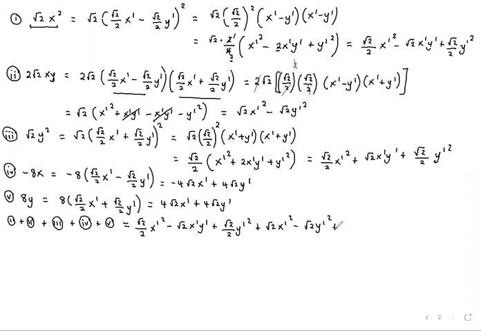The third one is root 2 over 2 x prime squared plus root 2 x prime y prime plus root 2 over 2 y prime squared, and then minus 4 root 2 x prime plus 4 root 2 y prime.